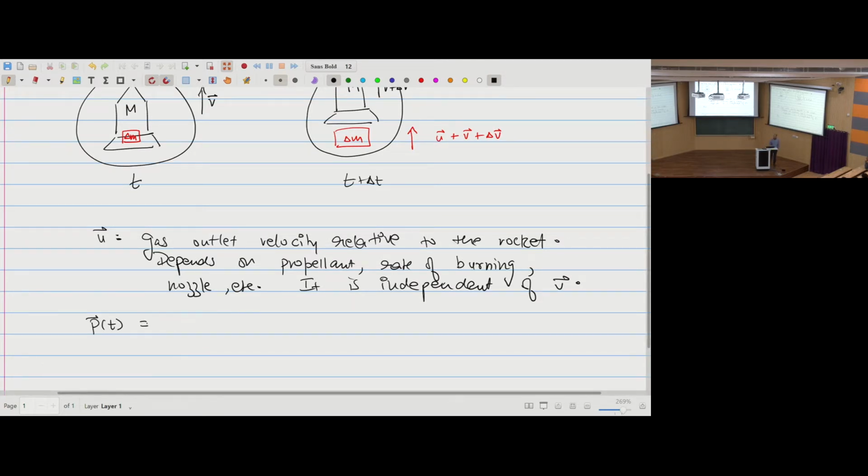So the linear momentum at time t is capital M times v plus delta small m times v, because both were moving with a velocity of v at time t.